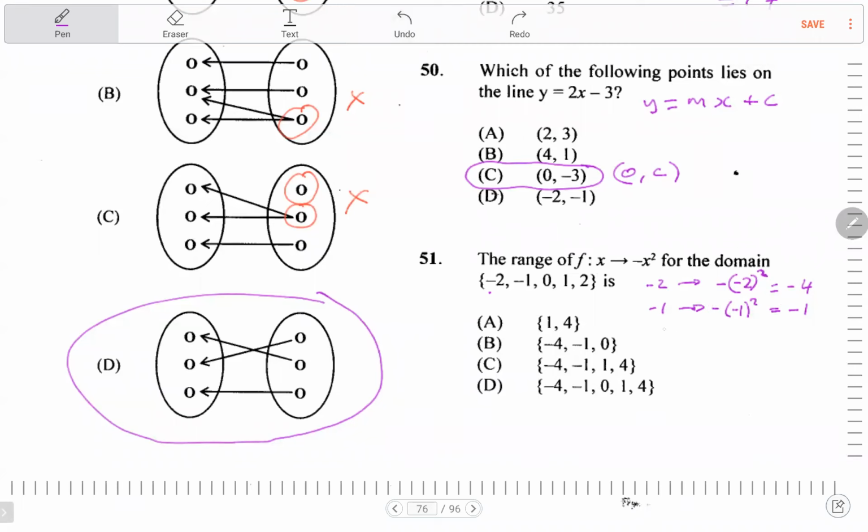Then the 0 is just going to give you a 0. Minus 0 squared is just 0. And then the 1 is going to give you negative 1 squared, which is negative 1 again. And the 2 is going to give you negative 2 squared, which is negative 4 again.